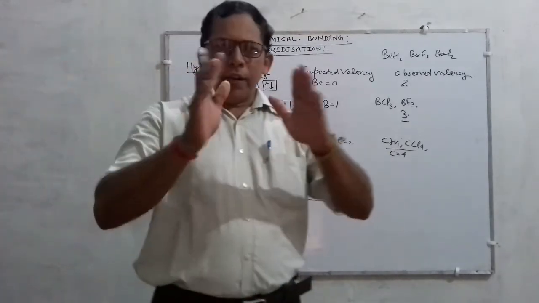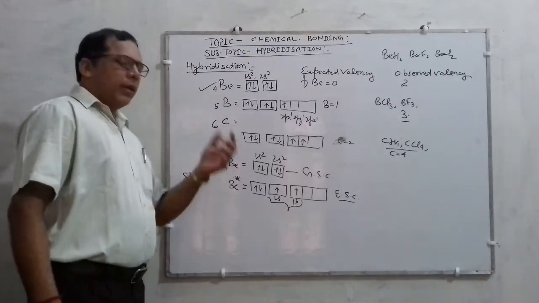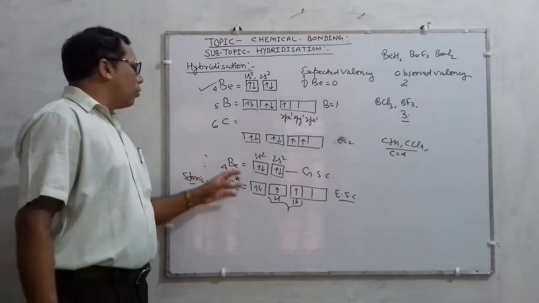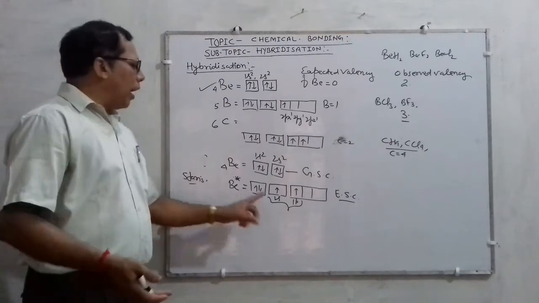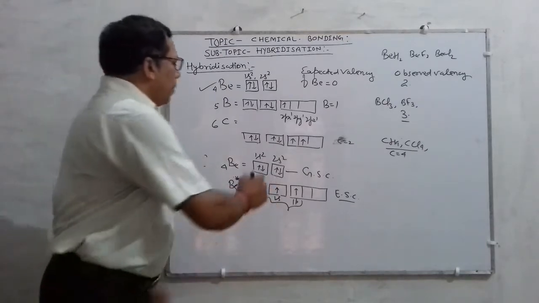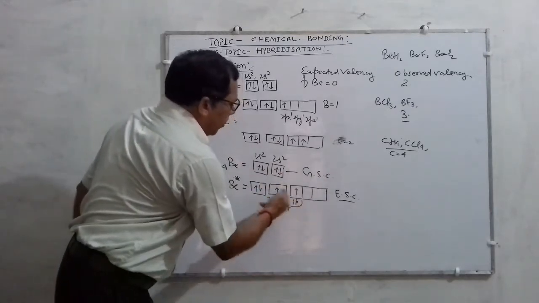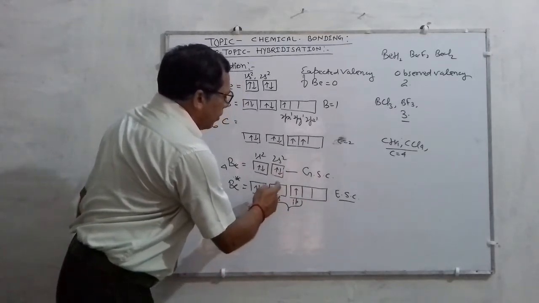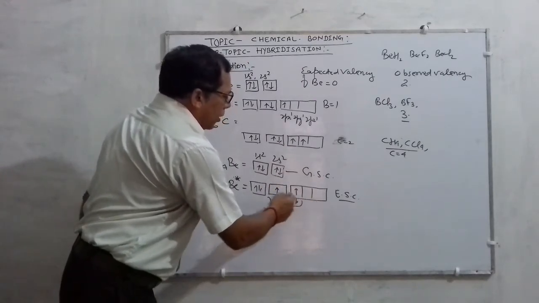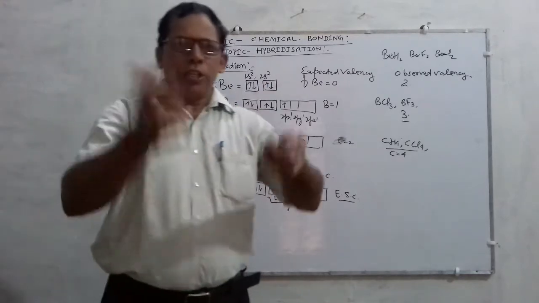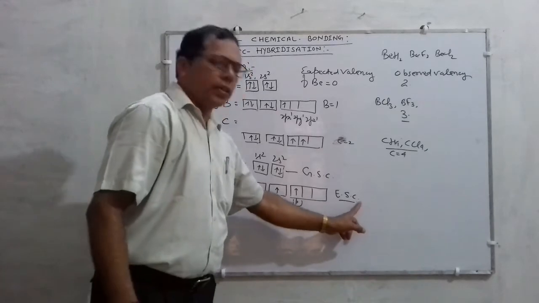Promotion of electron or excited state means when an atom is present in the ground state, it gets extra energy, then it gets excited, and the promotion of one electron of a filled orbital to the next vacant orbital is called promotion of electron, and that configuration is called excited state configuration.